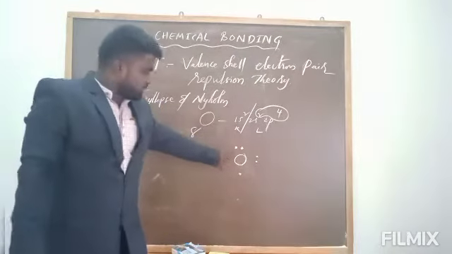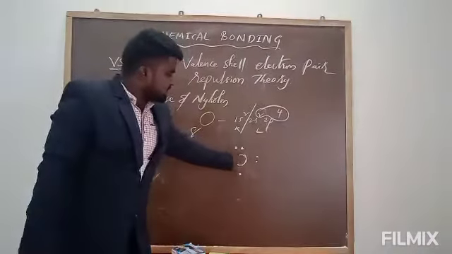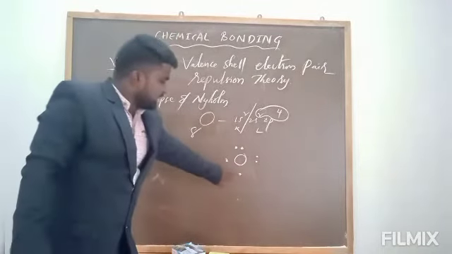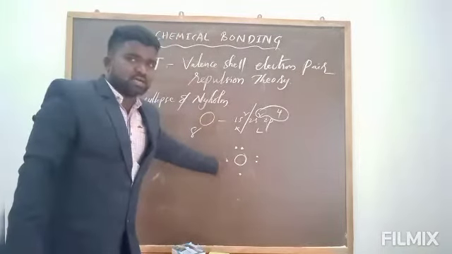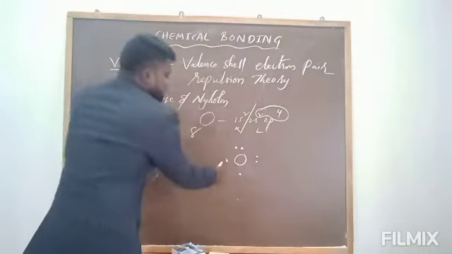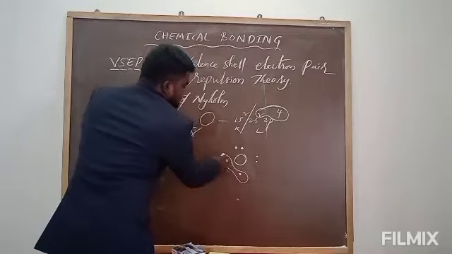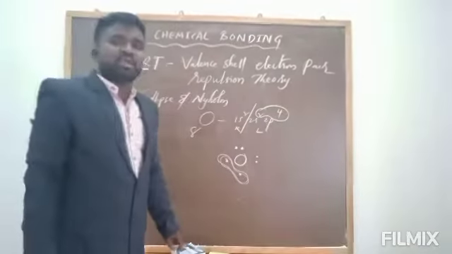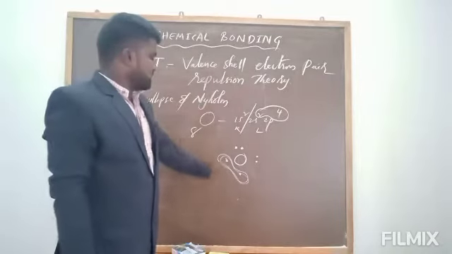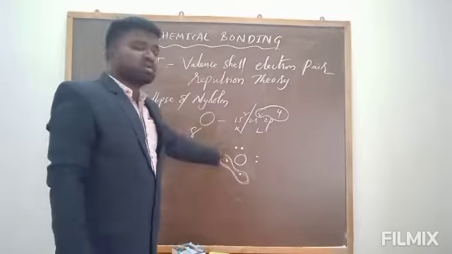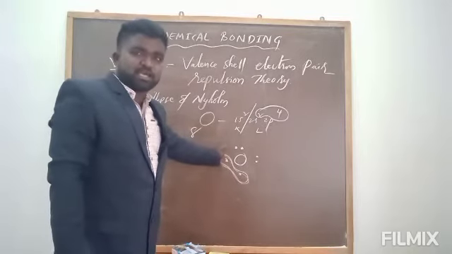All of you look here. These double dots are known as lone pairs. These single dots are known as bonding electrons. These single electrons only will participate in every chemical reaction. These two will be the lone pair, so they won't participate in the chemical reaction.